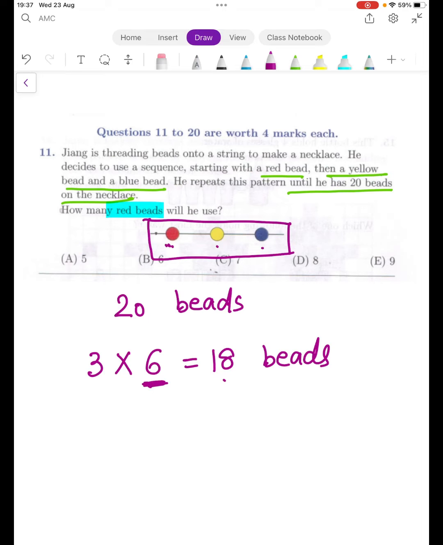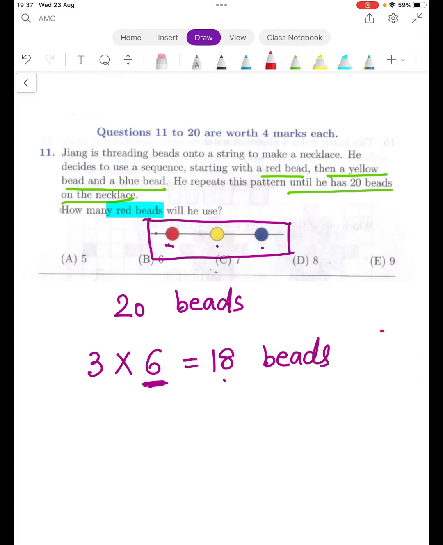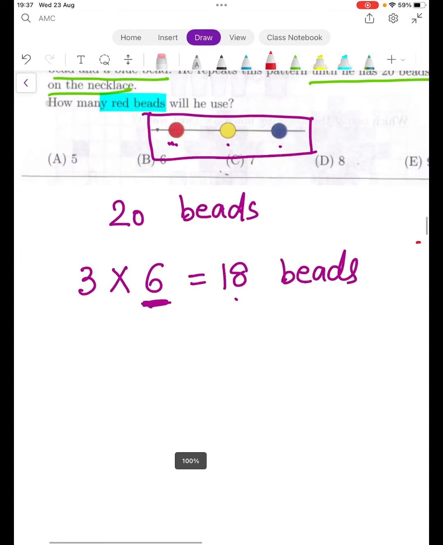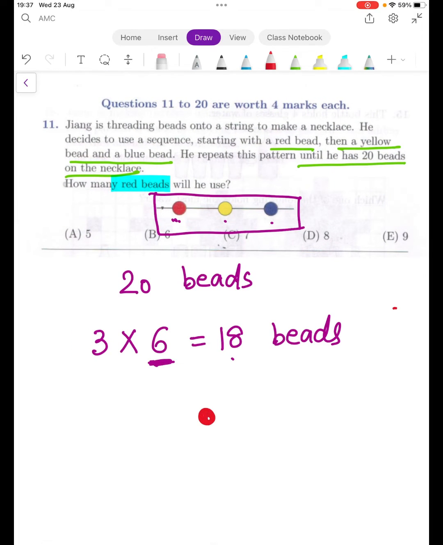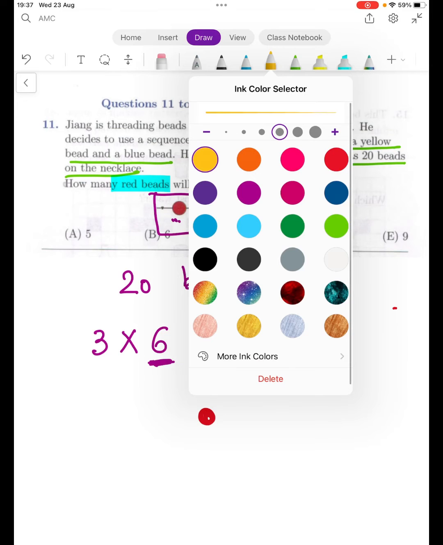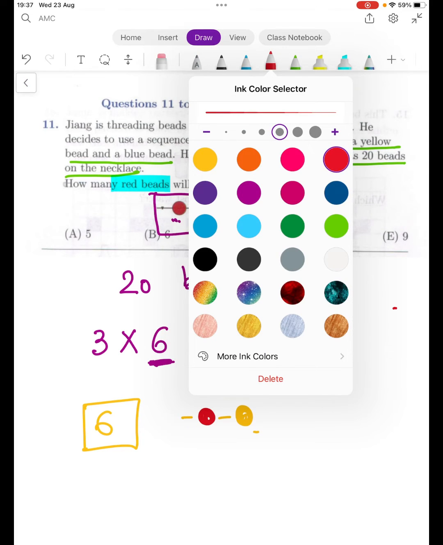And of course, he has to start with this. So it will be a red. So after the 6 cycles of this pattern, there is 1 red and 1 yellow. Now let me grab red because we are trying to find red beads.